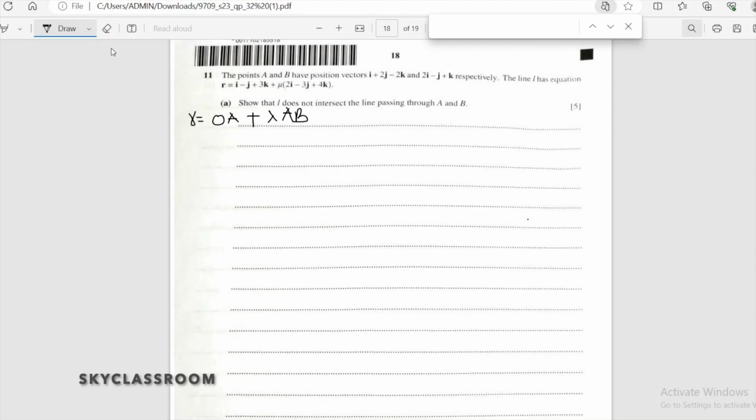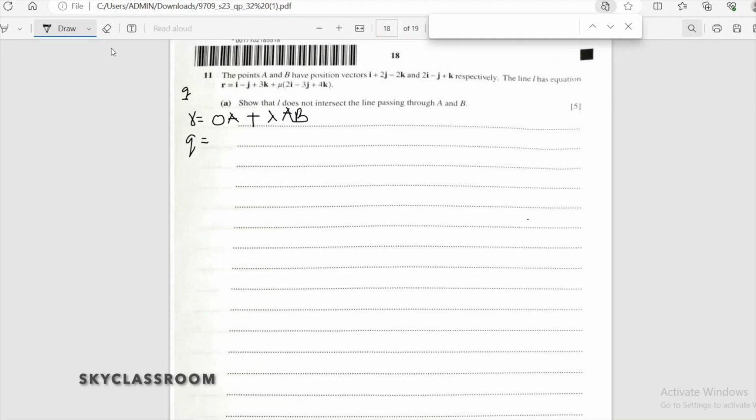The second line is L. Let's call this line AB, maybe Q. So line Q passes through point A in the direction of AB.